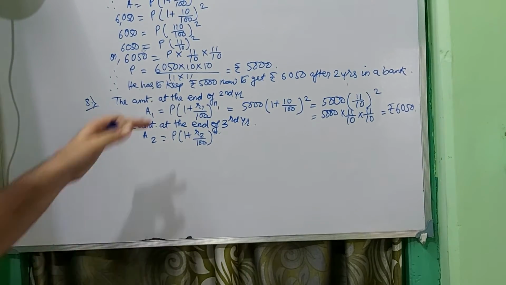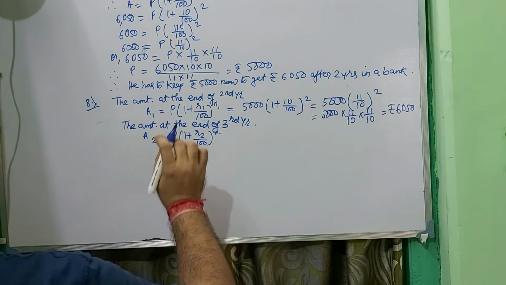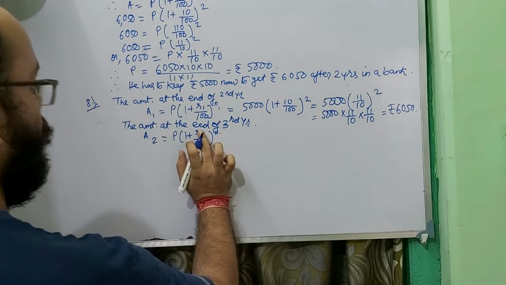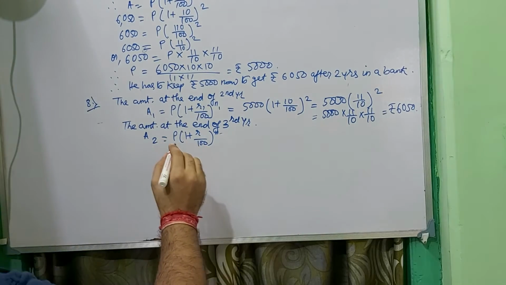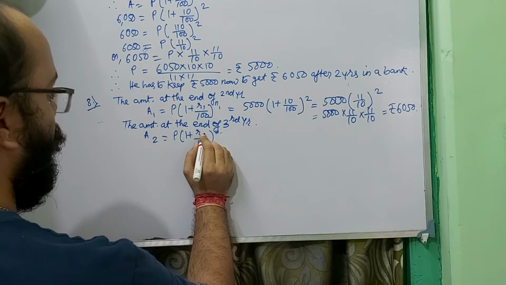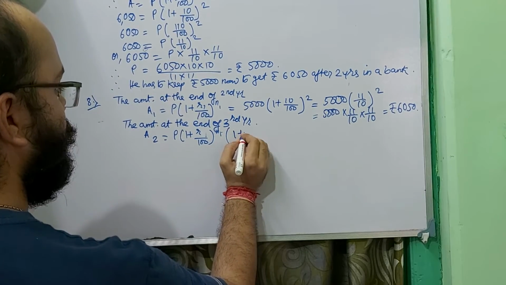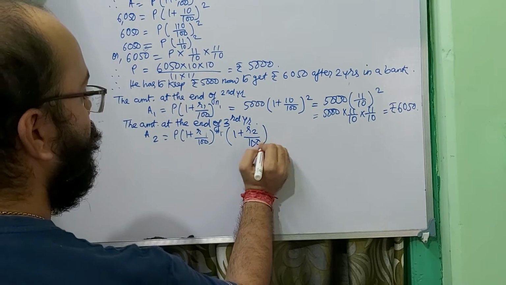At the end of third year means including the first year, the second year as well as the third year. So here the rates are different, so you cannot put this formula. You have to do it like the previous one. A2 is equal to P into 1 plus R1 by 100 whole to the power N1 into 1 plus R2 by 100 whole to the power N2.